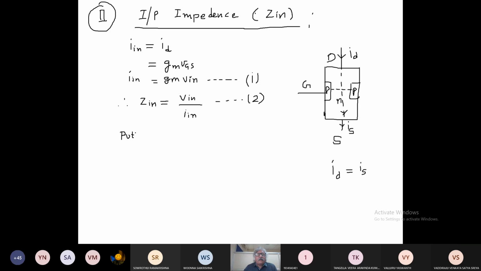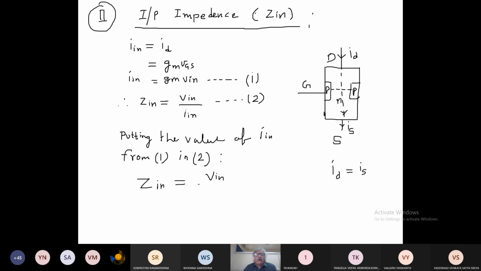Now putting the value of I in from 1 in 2, we get Zin is equal to V in divided by GM V in.